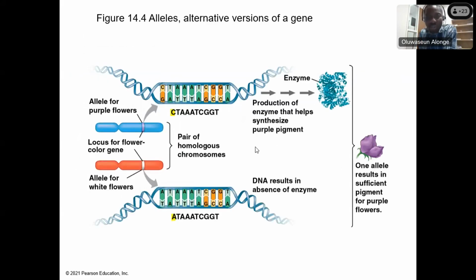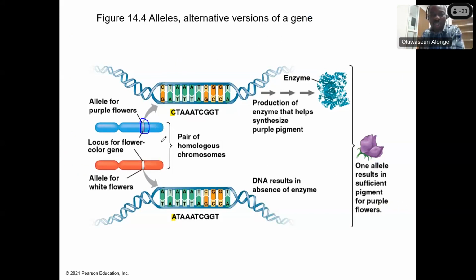Now, here is a picture of what we are talking about. Now you have one allele resulting in sufficient pigment, or purple. So this is the allele for purple. You see that here on a chromosome. This is a chromosome.